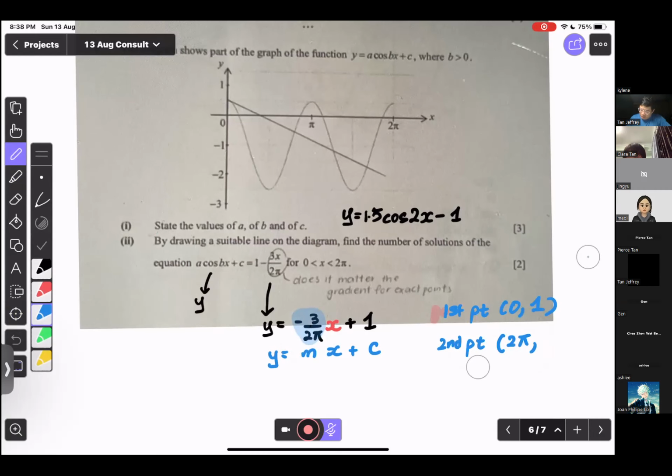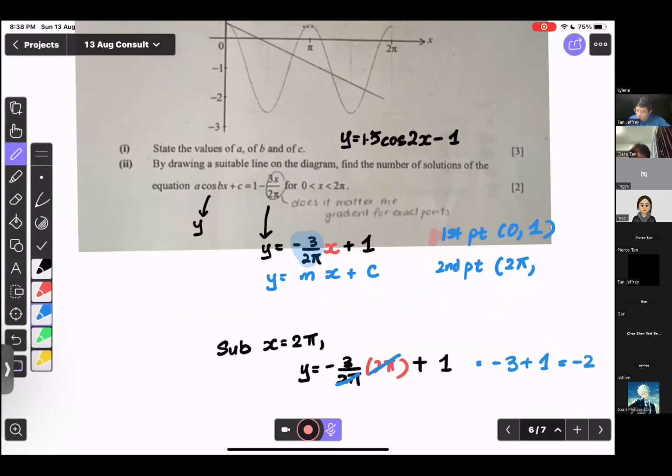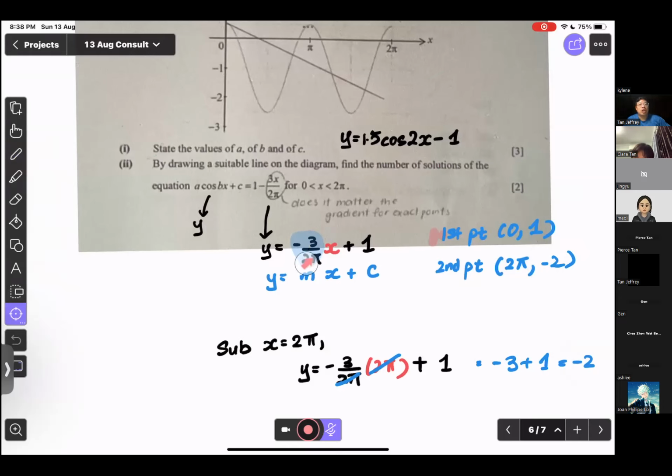So if I sub, for example, x equals 2 pi, you will have y equals negative 3 over 2 pi multiplied by 2 pi plus 1. So it's a very nice cancellation. It's just negative 3 plus 1, which gives you the beautiful value of negative 2. So when the gradient has a denominator of 2 pi, it's actually for them to help you. You sub in a multiple of 2 pi, you can straight away get negative 2.